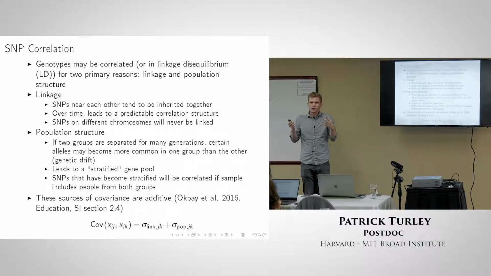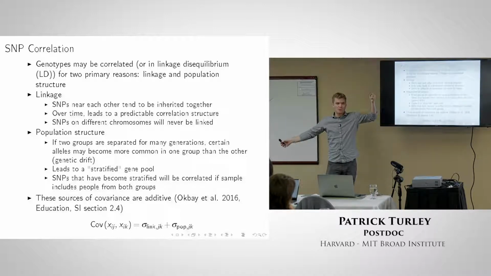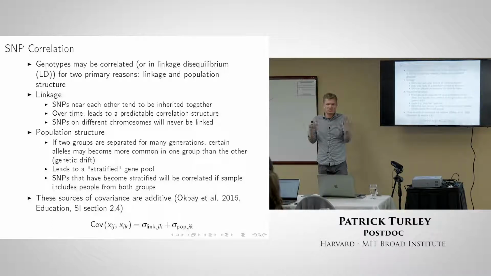The correlation of a pair of SNPs due to linkage tends to decay with distance. If you're on the same chromosome but very far apart, then you're less likely to be linked. And if you're on different chromosomes, then you're definitely not linked, because chromosomes are inherited separately. So the amount of correlation between SNPs that's due to linkage is pretty predictable and geographic.